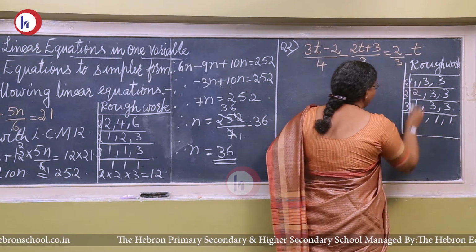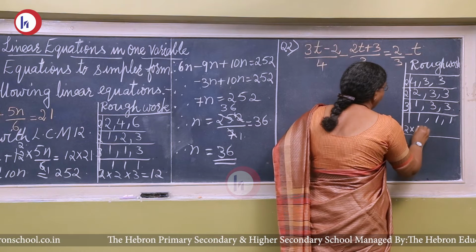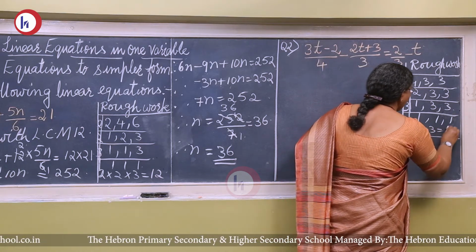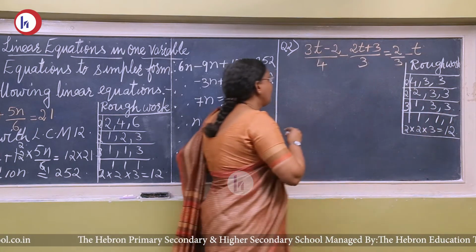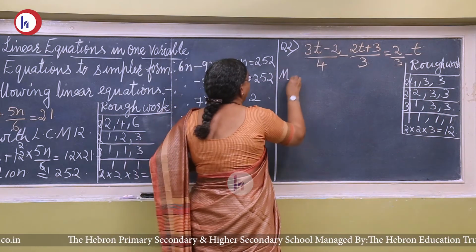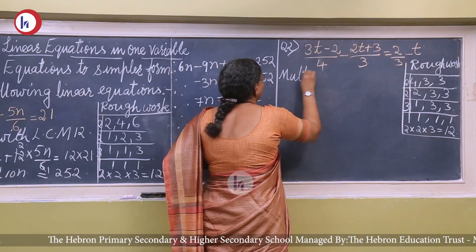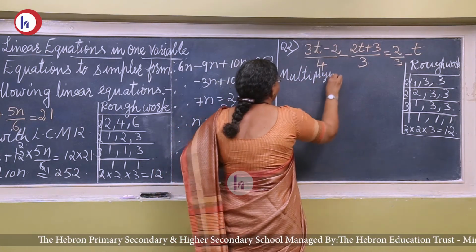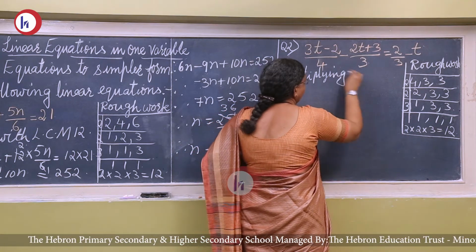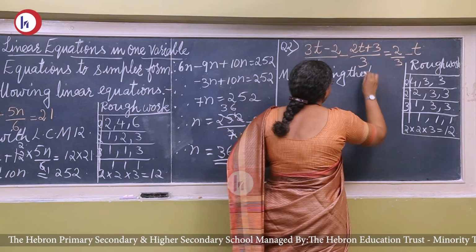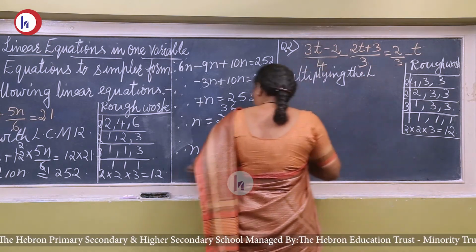So the LCM is 2 times 2 times 3, which is 12. Now we multiply with the LCM 12.